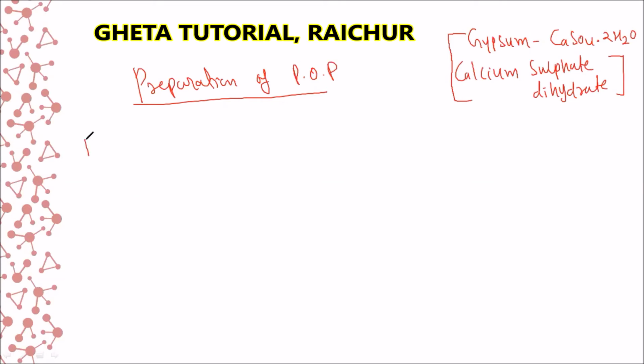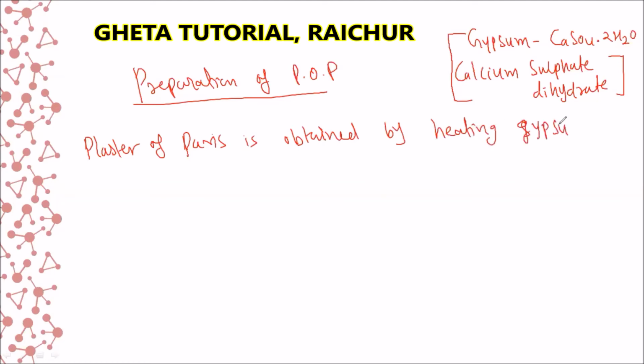So plaster of Paris is obtained by heating gypsum at 373 Kelvin.